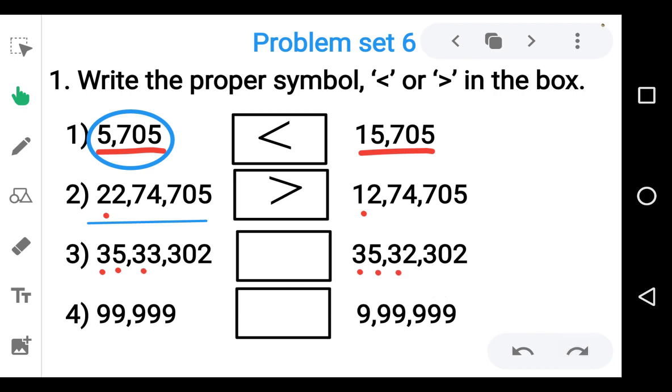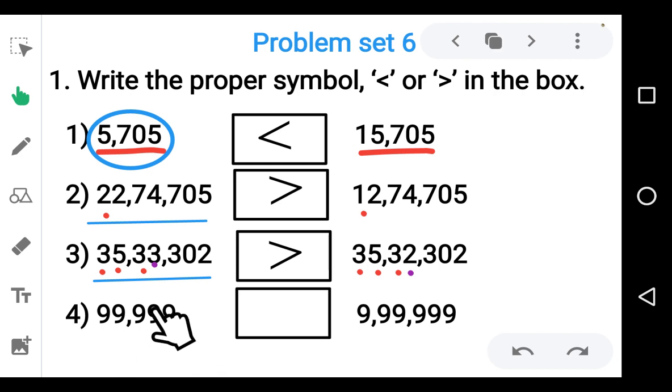Then in the 1000 place, here 3 and here is 2. So 3 is bigger than 2. So this number is the bigger number. Here we use the sign bigger than and we read it as 35,33,302 bigger than 35,32,302.